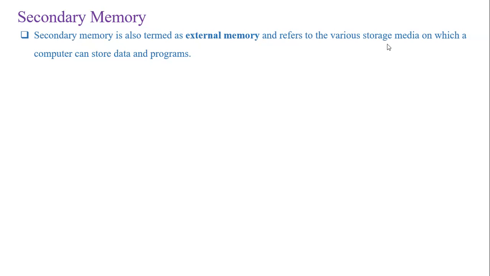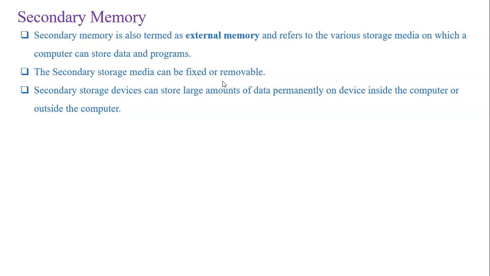In order to store data permanently, you need to use secondary memory. It is also called storage memory. The second point says that secondary storage media can be fixed or removable. It can be fixed in the CPU or it can be removed also.